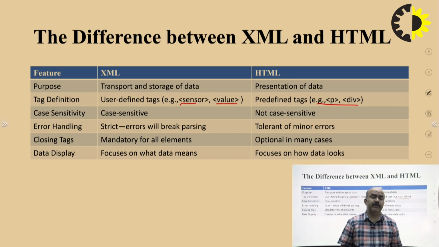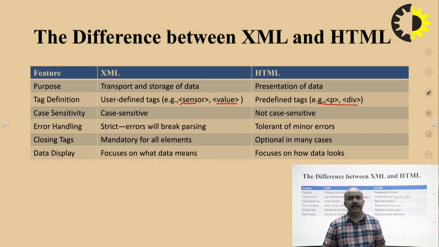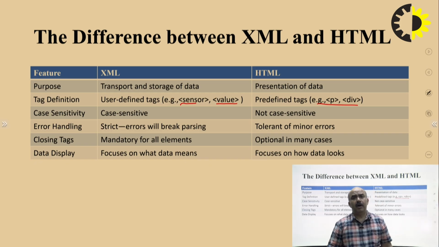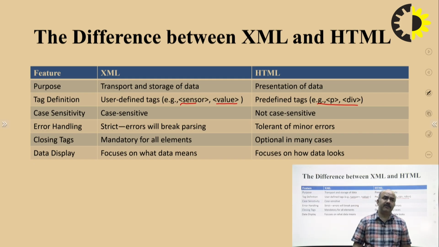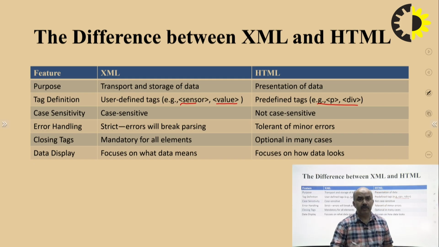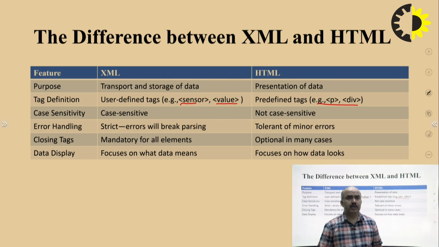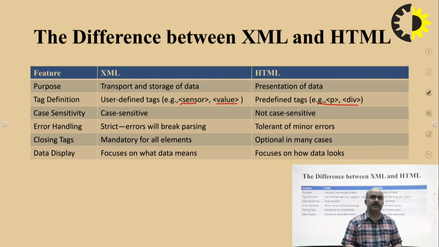In XML it is mandatory that all elements must have opening tags as well as closing tags. However, in HTML that is optional in many cases. So XML is focused on what the data means, what the purpose of the data is, as compared to HTML, where the main purpose is how the data looks. So these are the basic differences between XML and HTML.